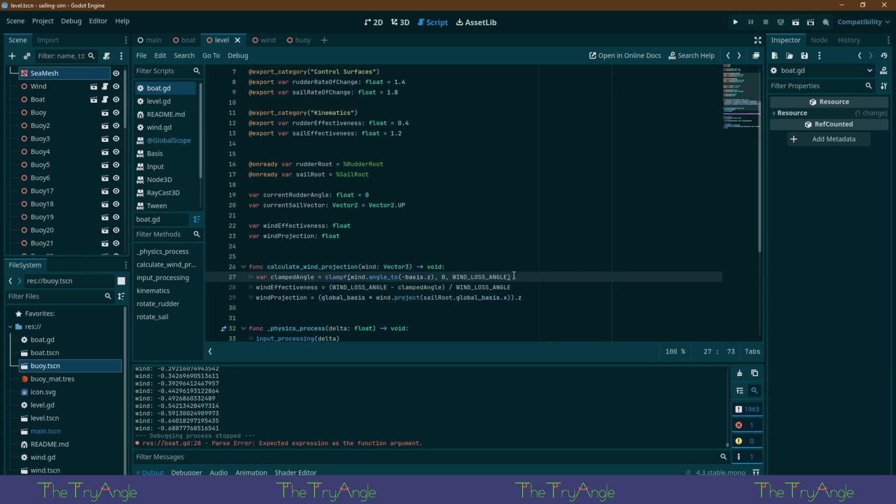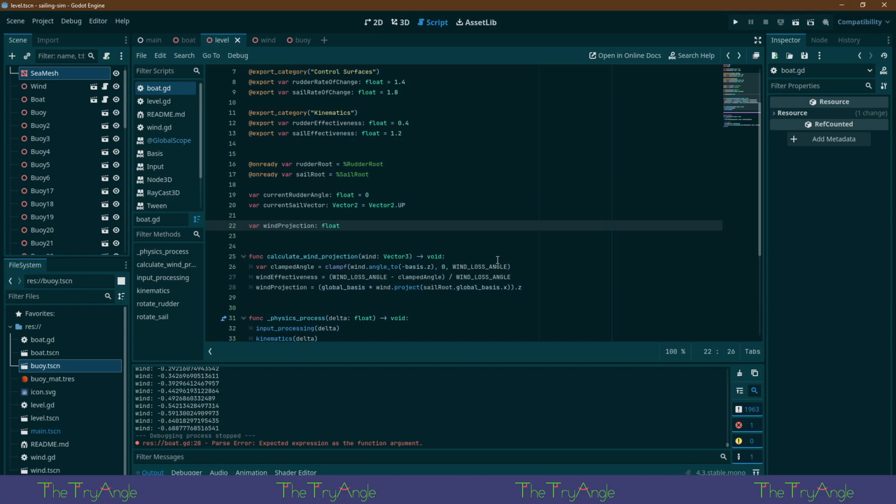Kind of. I think that'll be good. Okay, now we have wind effectiveness. And that wind effectiveness, we should feed it actually directly into the projection.